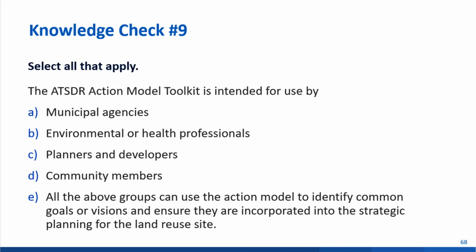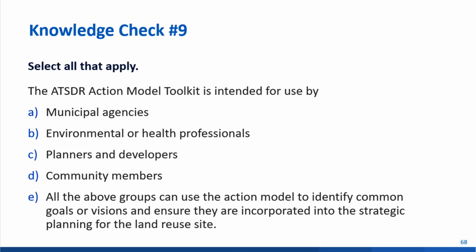Knowledge check 9. Select all that apply. The ATSDR Action Model Toolkit is intended for use by A. Municipal agencies. B. Environmental or health professionals. C. Planners and developers. D. Community members.